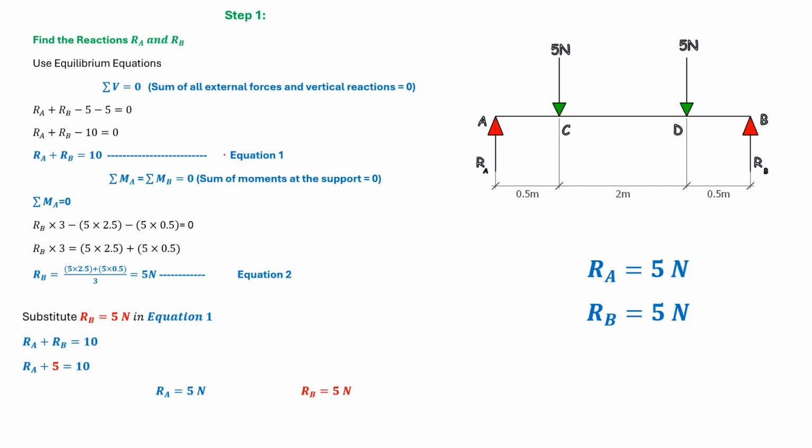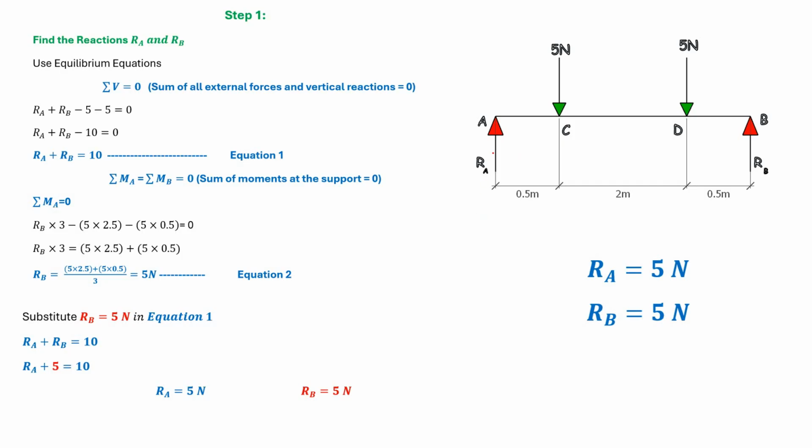First of all, we will use the equilibrium equation: summation of all vertical forces is equal to 0. Vertical forces, in the sense, the 5 Newton and 5 Newton are the externally applied loads, and these reactions RA and RB are developed as a result of external forces. So these are internal reactions.